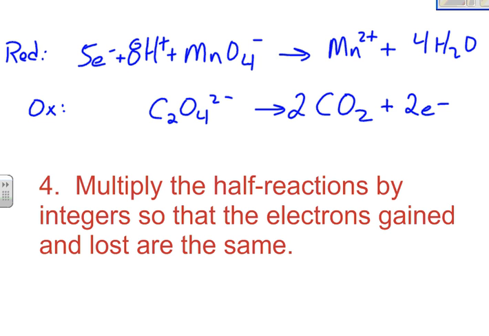We have 5 electrons gained in our reduction half reaction and 2 electrons lost in our oxidation half reaction. So our lowest common multiple would be 10. Right, so to get the loss and gain of electrons to be equal, we're going to multiply the reduction half reaction by 2 and the oxidation half reaction by 5.